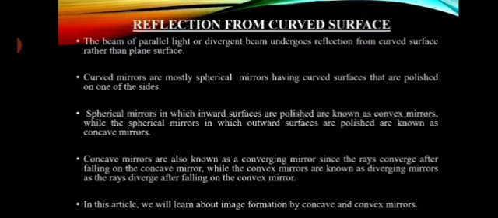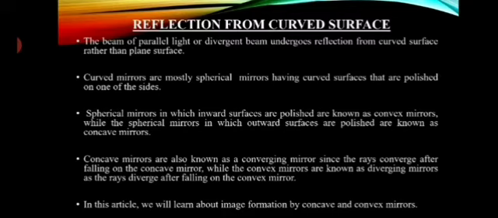So don't confuse the two concepts. The mirror is a different part, whereas the lens is different. Here the concave mirrors are the converging ones and the convex mirrors are the diverging ones, because the rays appear to diverge after falling on the convex mirror.